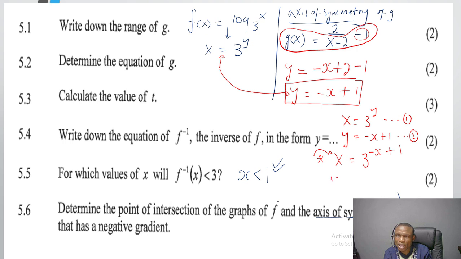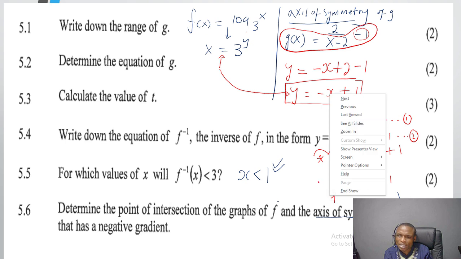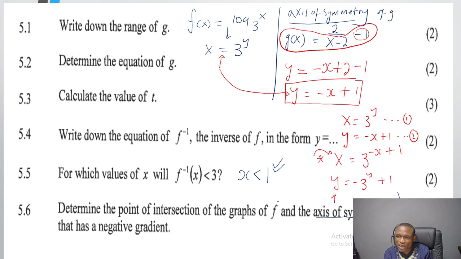So I'm going to say y equals minus, x is 3 to the exponent y, plus 1, which is the same as y. Okay, let me say 3 to the exponent y equals 1 minus y. So 3 to the exponent y equals 1 minus y.